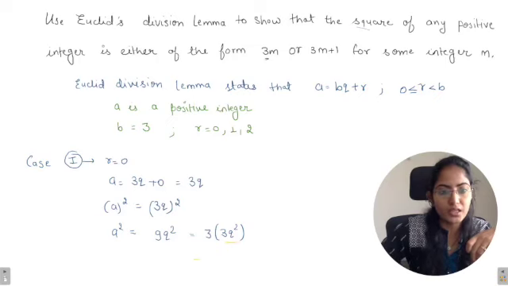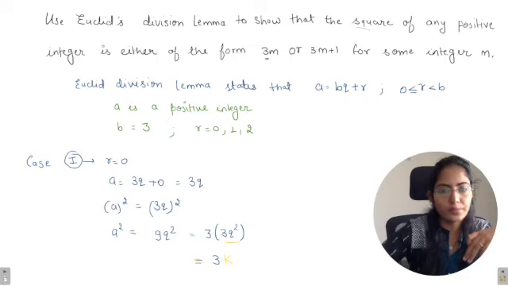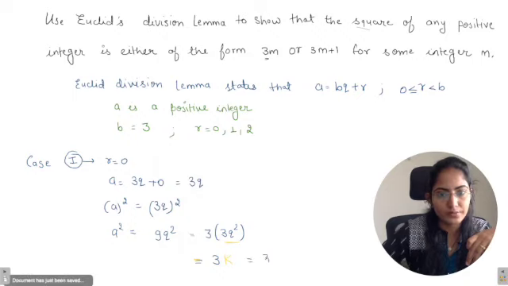So I'm writing it in this form: 3m. So we can say it is a multiple of 3, where m is some integer.